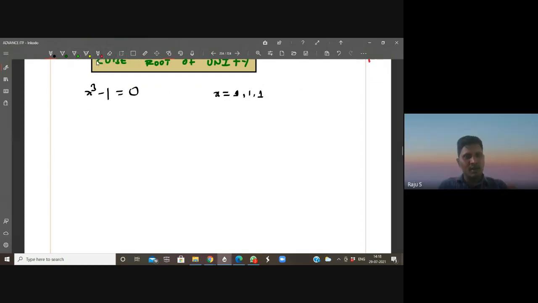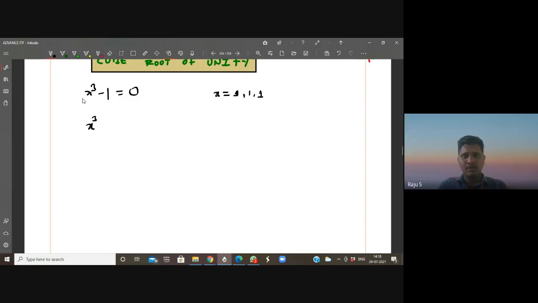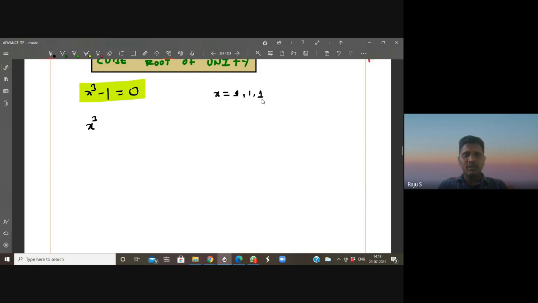Is that right, students? Minus 1 only will be coming, sir. Yes, when we take x is equal to 1, 1 cube minus 1 becomes 0. Okay, x is equal to 1 is one of the roots. Are all the roots equal?